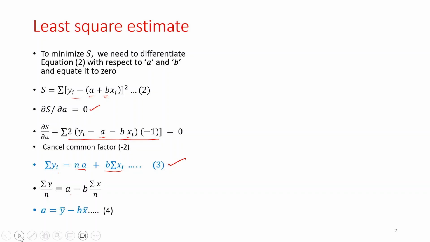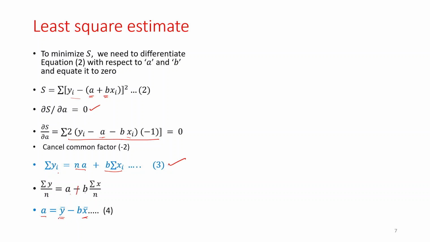And therefore, we can write a is sigma y by n, which is y bar, and b is going to be, with a minus sign here, minus b x bar, because sigma x by n is x bar and sigma y by n is y bar.